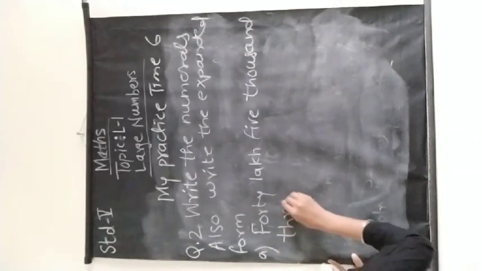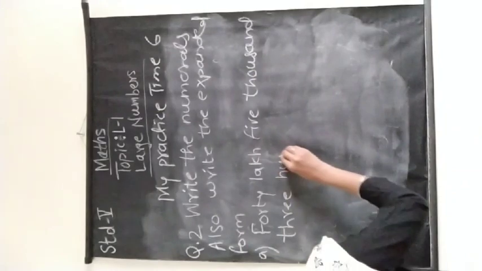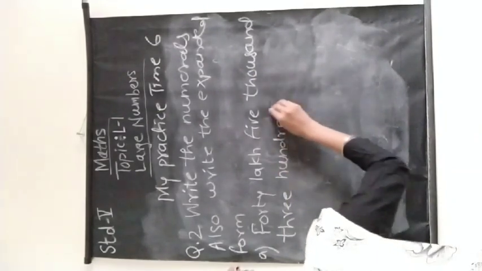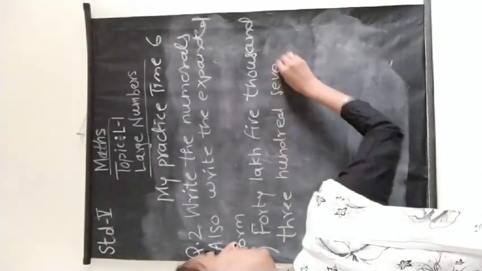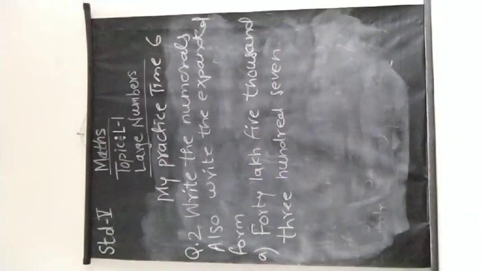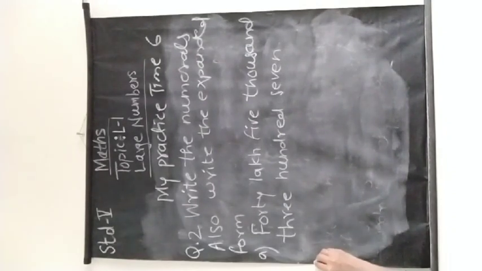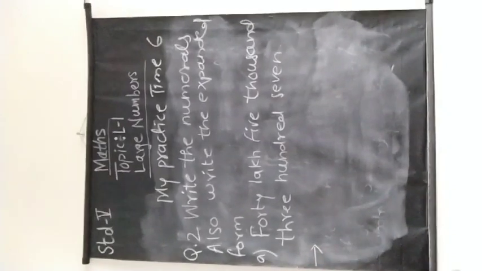Okay. Now we have to write these words in which form? In numbers, that means numerals, and also write in expanded form. Expanded form, how are we writing? Additions of numbers.